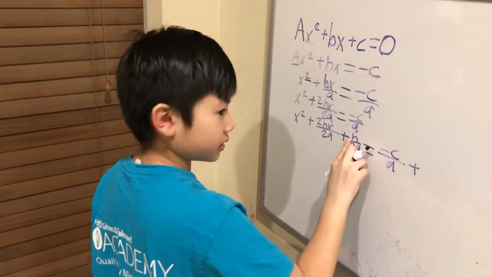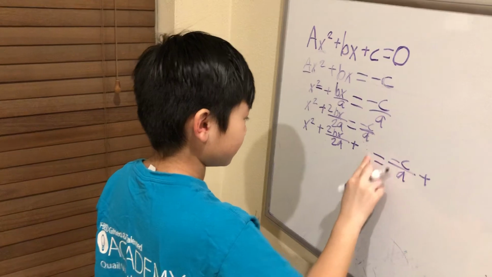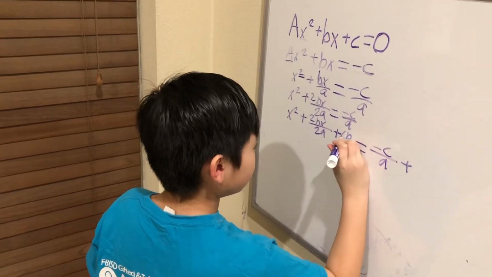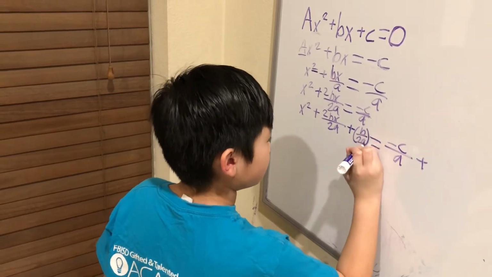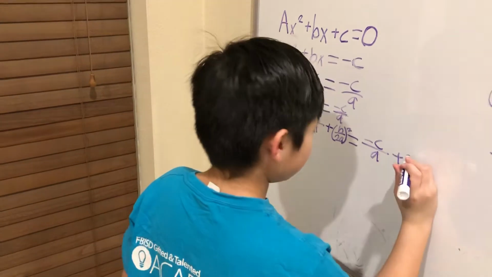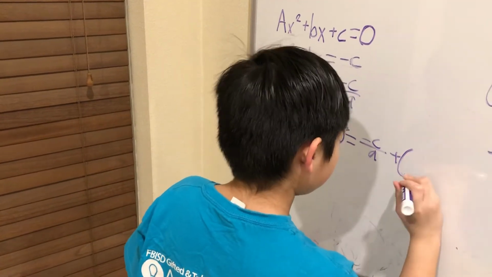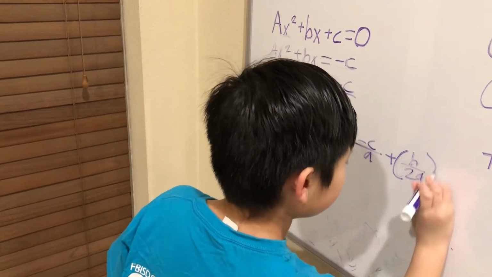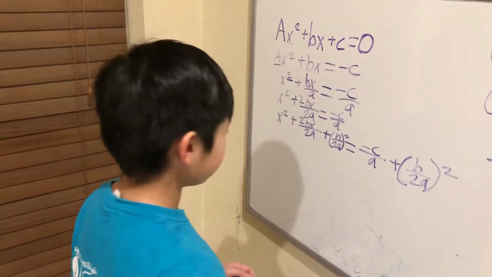Oh wait, it's supposed to be squared, sorry. So b over 2a squared, because n is squared. We have to include the square too.